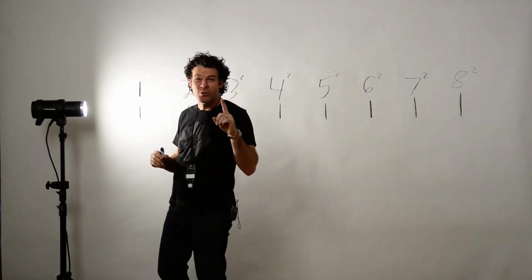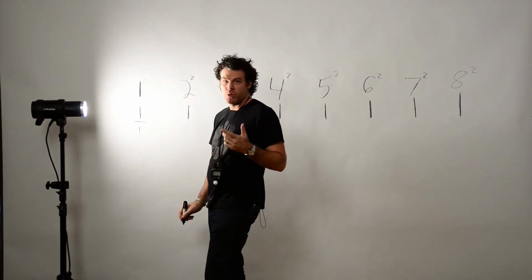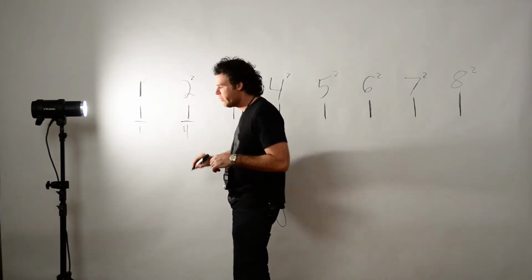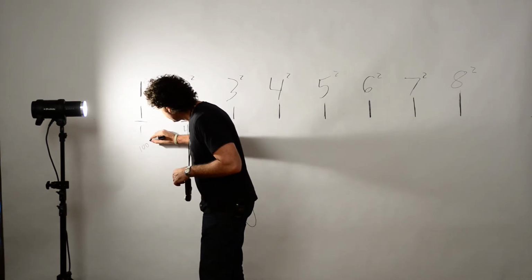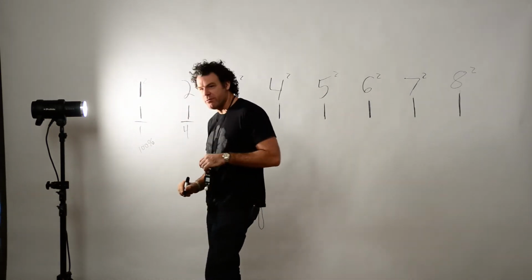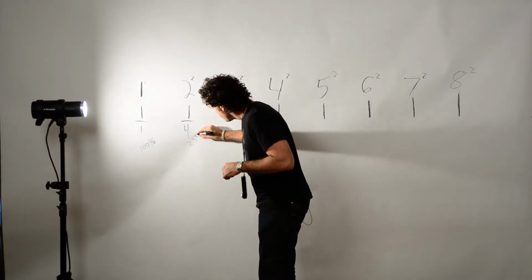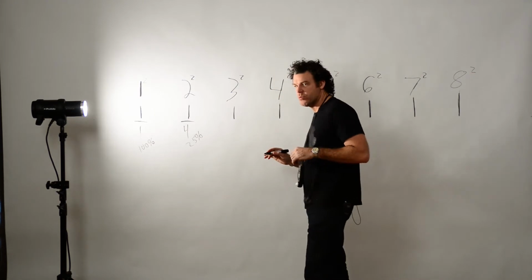So we're 1 squared, right? So 1 over 1 equals 1, right? 2 squared is 1 over 4, right? Well, we're going to do 100% light, right? 1 over 4, 25% light. It's hard to write on this thing with it moving, but that's what we're doing.